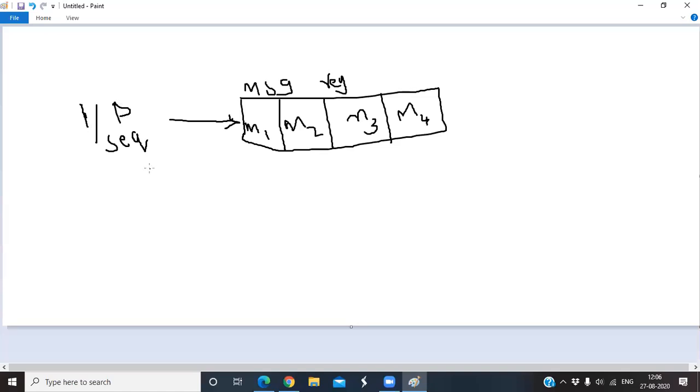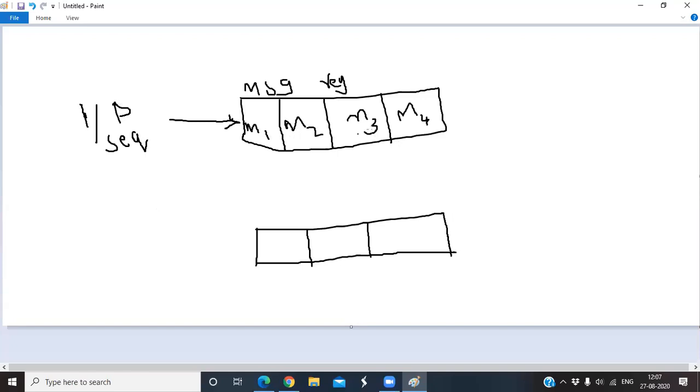Next I want to take the check bits. How many number of check bits? 3 check bits. So you have to take the check bit register. Suppose this is the check bit register, 3 check bits: 1, 2, 3. Look at the direction also.